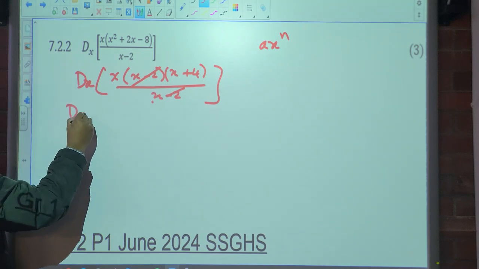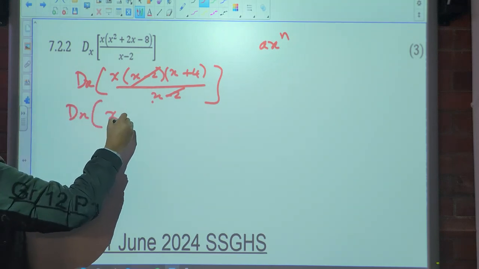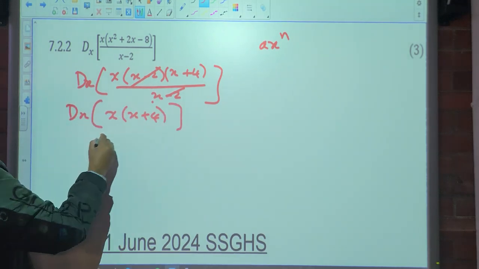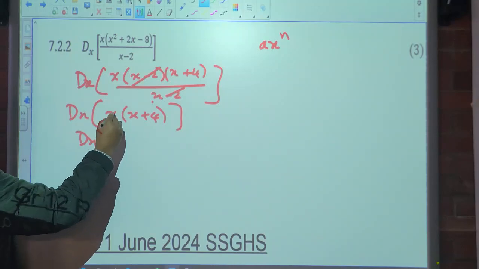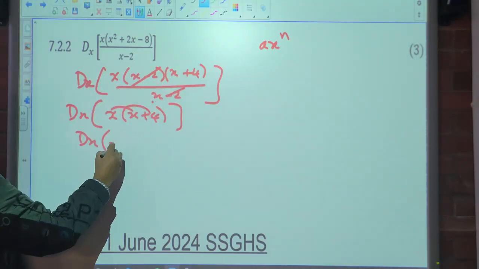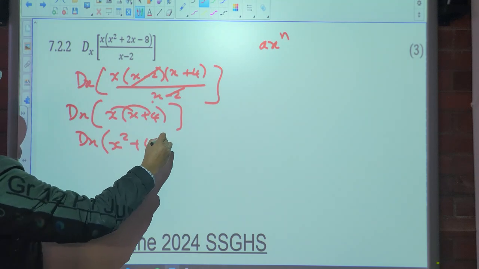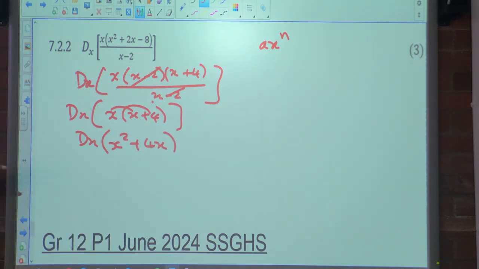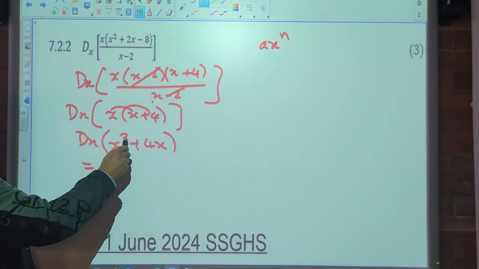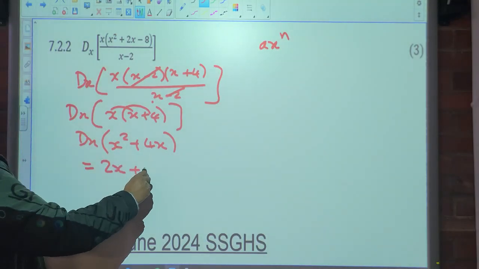That cancels, giving you the derivative of x into x plus 4. Get rid of the inner bracket to get it again in that form, so it's going to be x squared plus 4x. Now I can apply the derivative, not so? So I drop the d, which gives me now 2x plus 4.